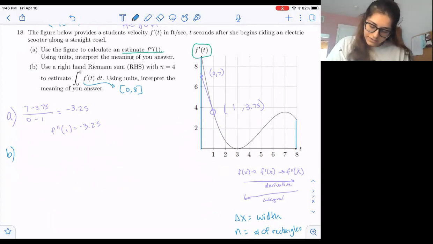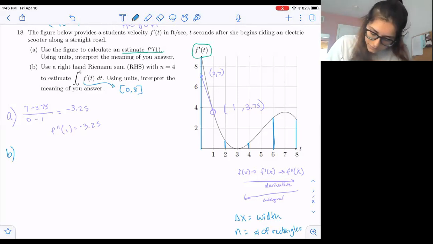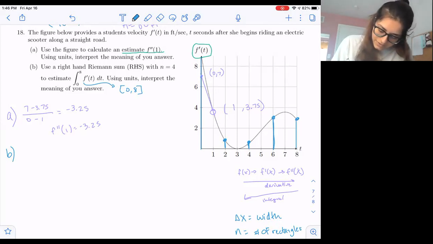I'll have one rectangle from 0 to 2, 2 to 4, 4 to 6, and 6 to 8. They want a right-hand Riemann sum, so we use the right-hand point to form our rectangles: 2, 4, 6, and 8. At 0, that's the left-hand side, so I'm not going to use that. However many rectangles you have is however many points you're using. So remember that. I'm going to draw my rectangles.